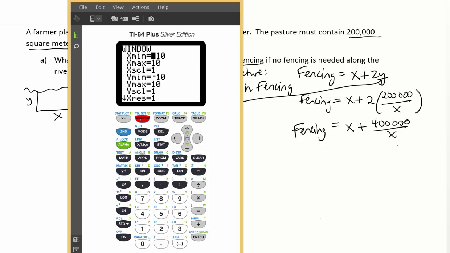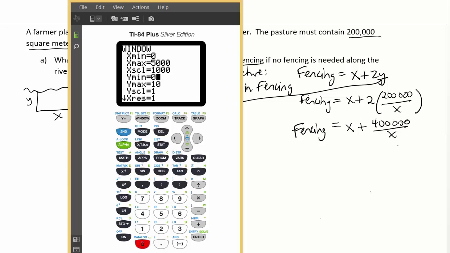So let's just go ahead and go to our window. And we're talking about fencing, and we're talking about areas, and those are all things that need to be positive. So I'm going to let my x-min start at 0, and I'm going to choose a fairly large x-max, maybe 5,000. And I might need to adjust my x scale so it's pretty big too.